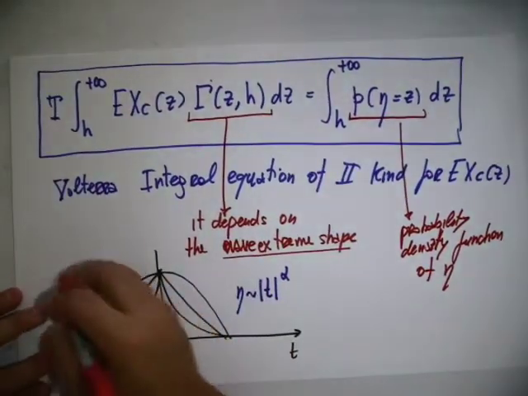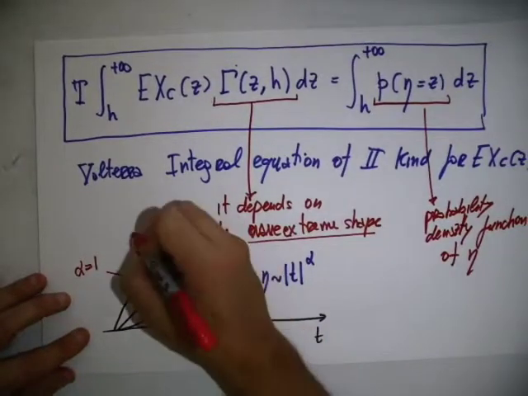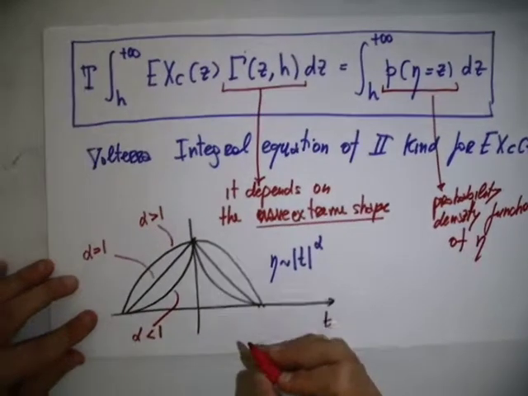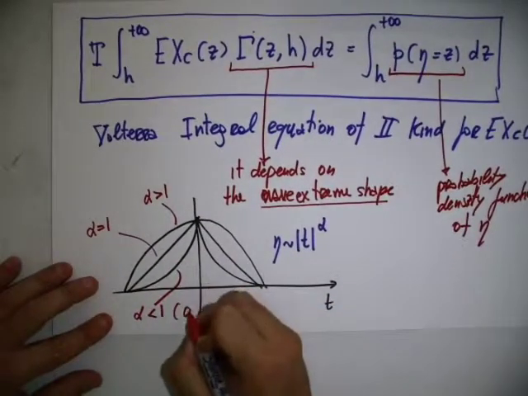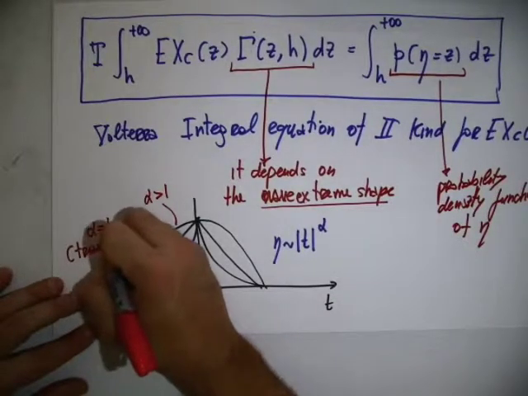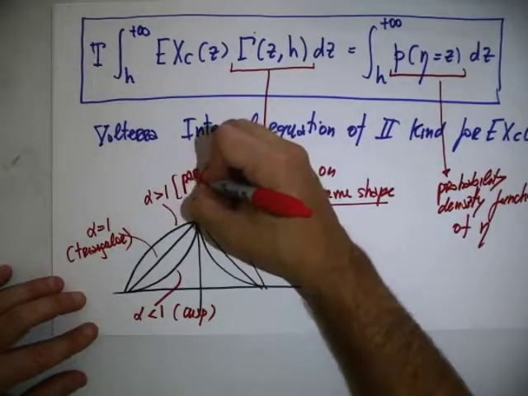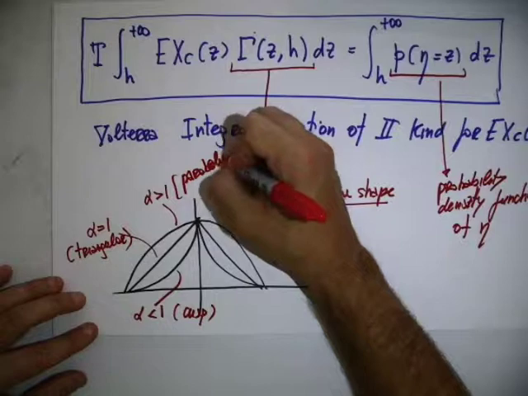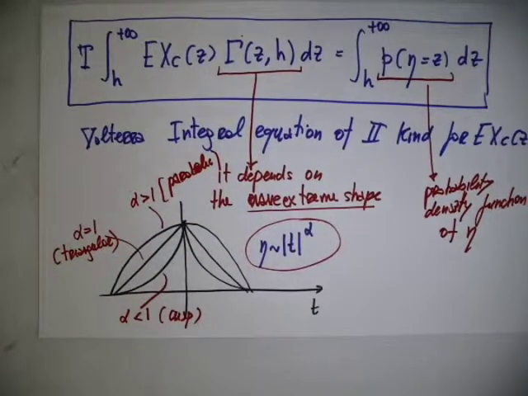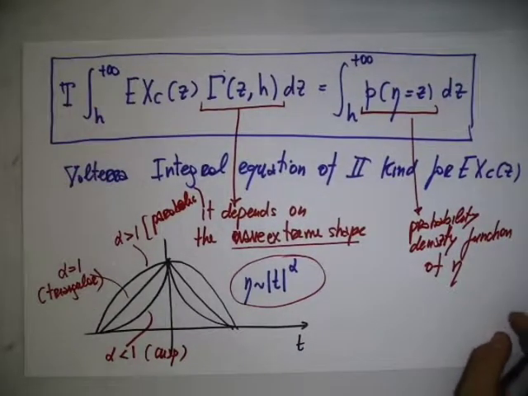The triangular shape is for alpha equal 1. The parabolic shape is for alpha greater than 1, and the cusp shape is alpha less than 1. So here we have cusp, here we have triangular, and here we have parabolic. So for these kinds of wave extreme shapes, this integral equation can be solved analytically.